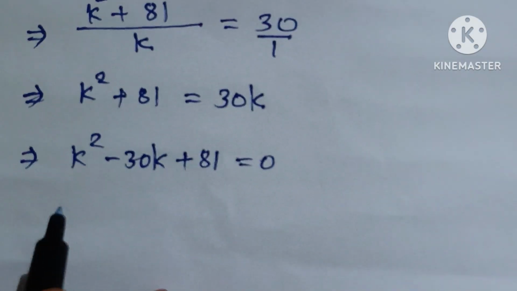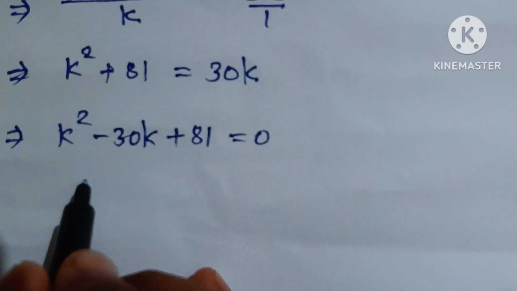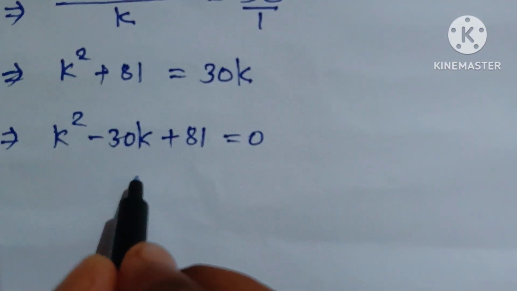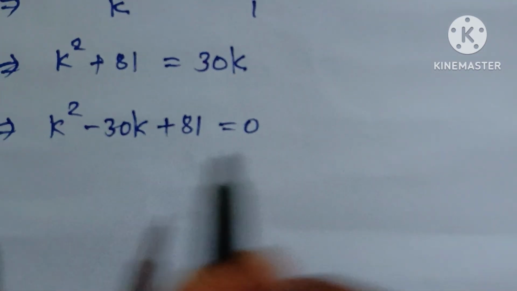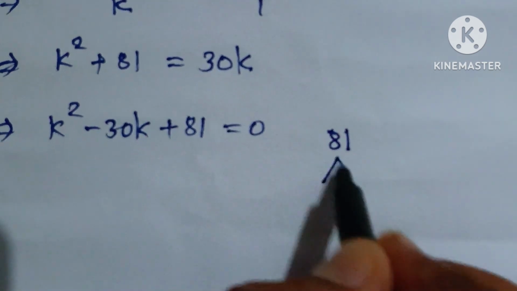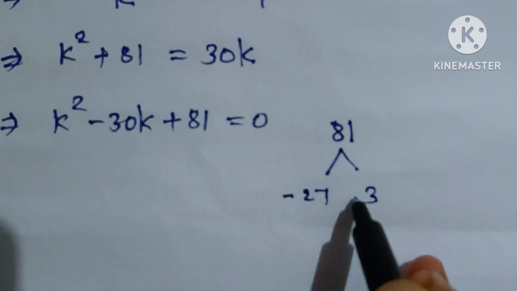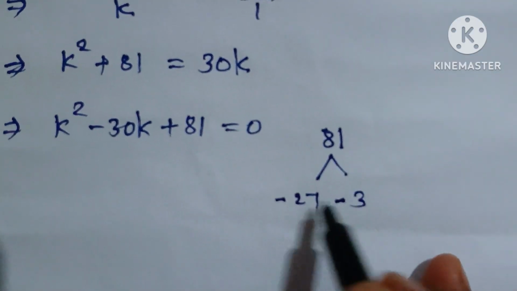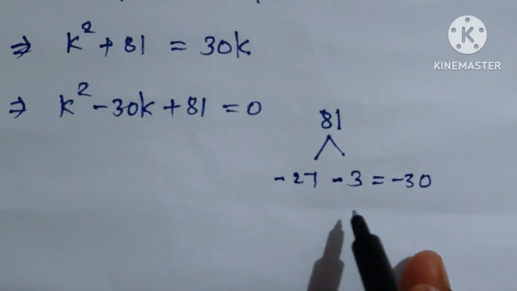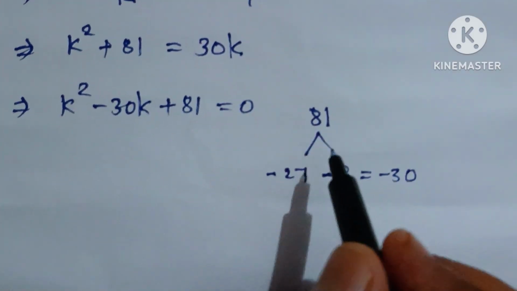Now this is a quadratic equation, so we can factorize it. The coefficient of k is 1 and the product is 81, and the factors are 27 and 3: minus 27 and minus 3, whose sum is minus 30 and product is plus 81.